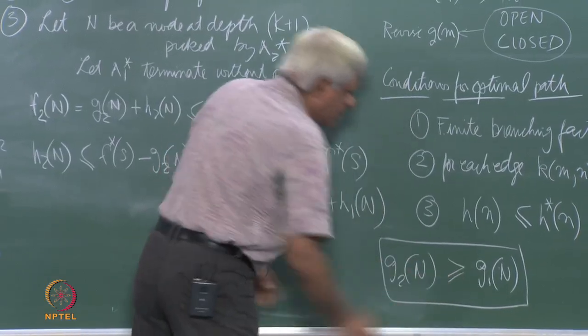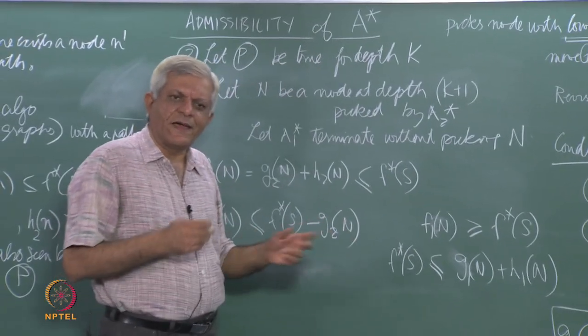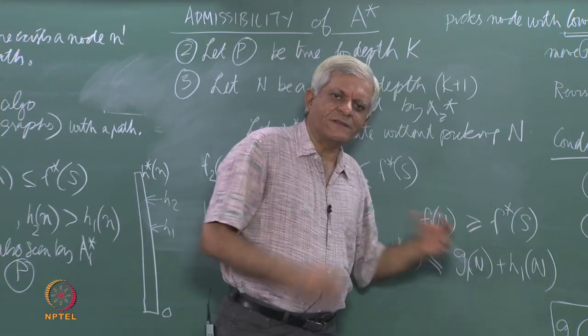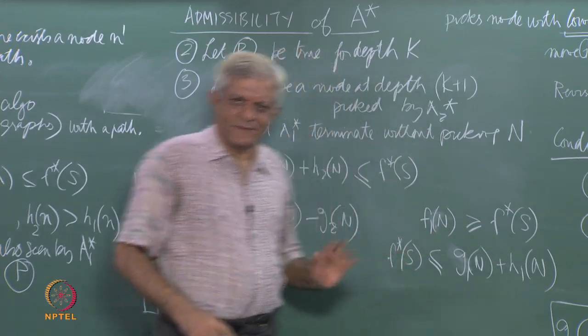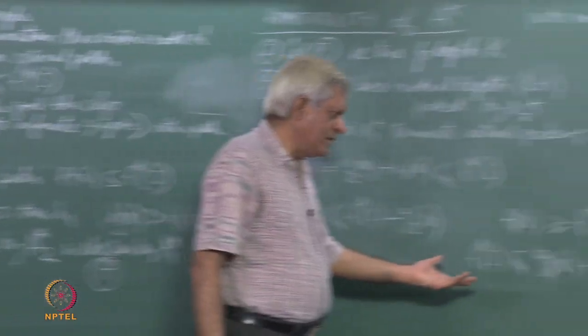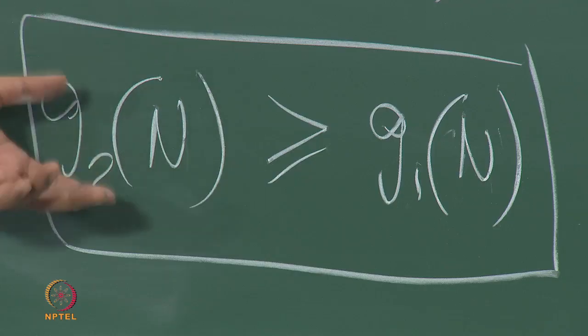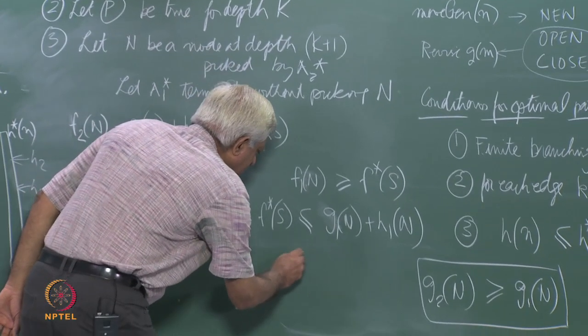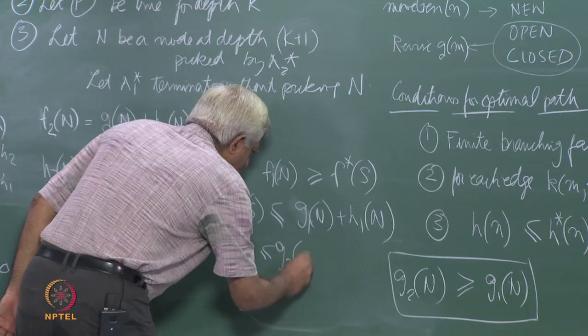It is possible that A1 might find a shorter path to n, because it has explored more nodes on the way to n essentially. It could always be equal, but we are saying it does not have to be equal. So, the point of this whole exercise is that we can replace this by g2 of n.